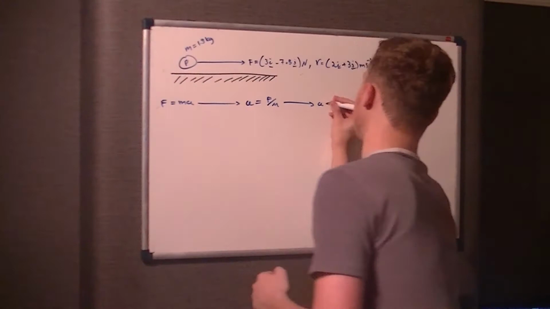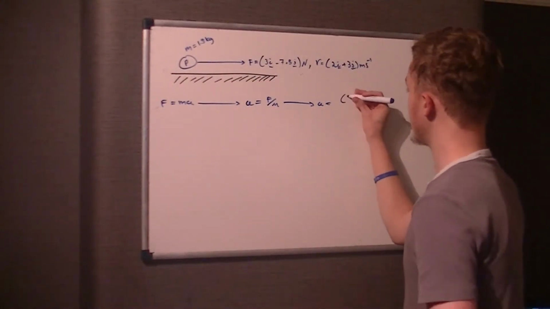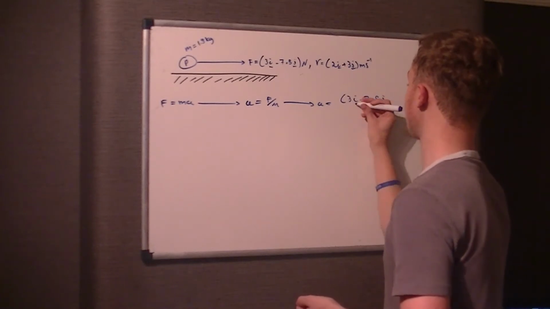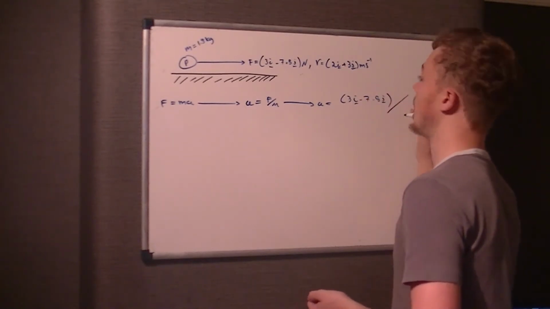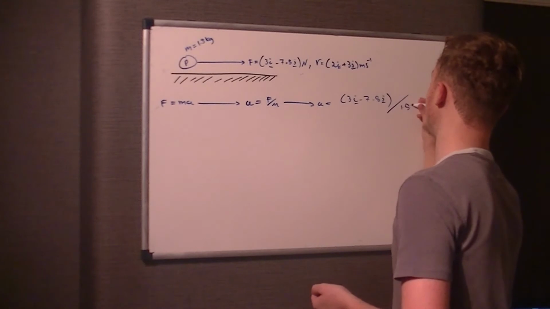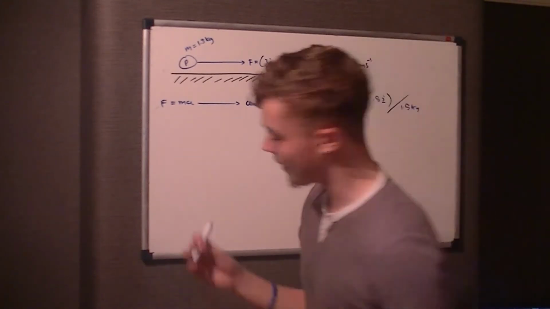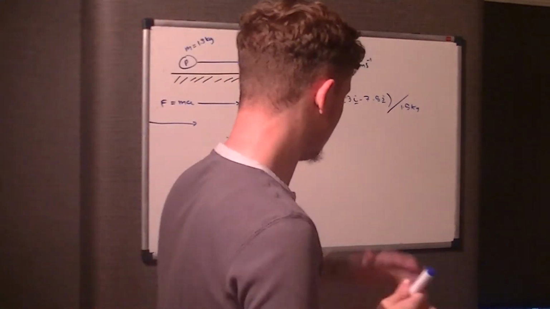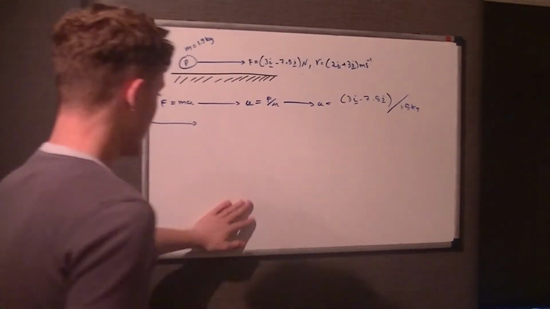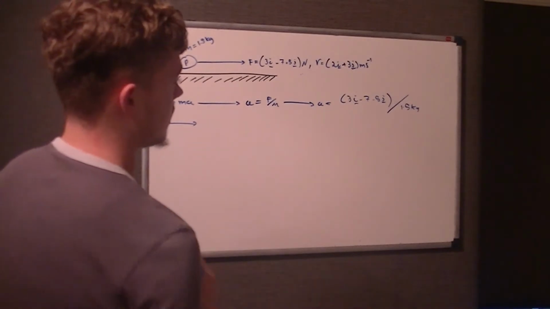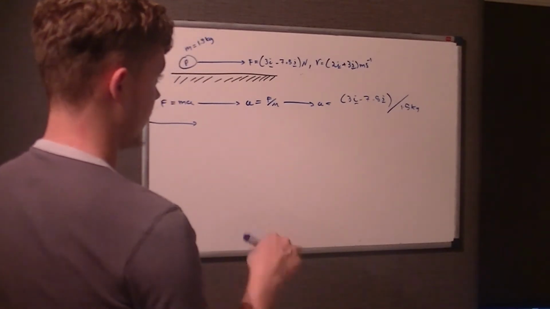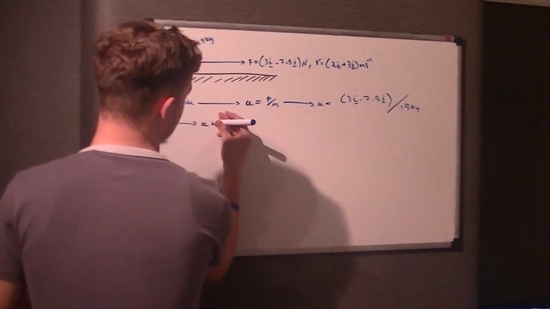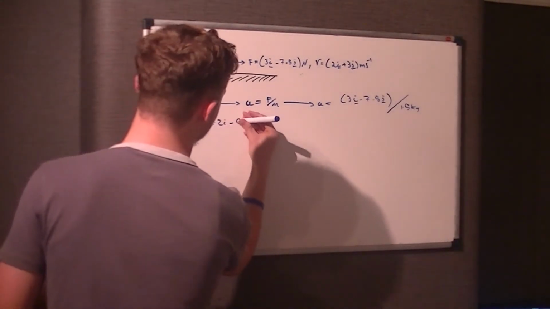Therefore a, we just plug our numbers in, so we know the force is 3i minus 7.5j newtons, over 1.5 kilograms. Don't get worried that we're dividing a whole thing by just one number. You should divide individual terms. So therefore a is equal to 2i minus 5j.